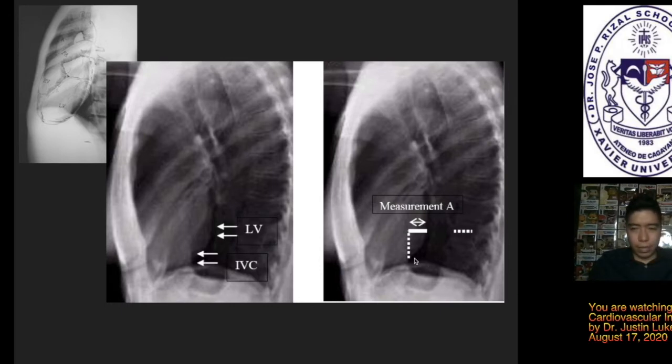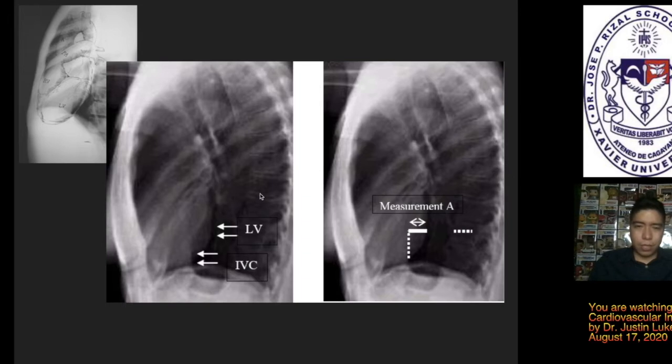So we form two lines. From the inferior vena cava, we draw 2 cm above it. And from that level, we measure this line. This is measurement A in this image. The normal is below 1.8 millimeter. If it's more than that, then it's enlarged.